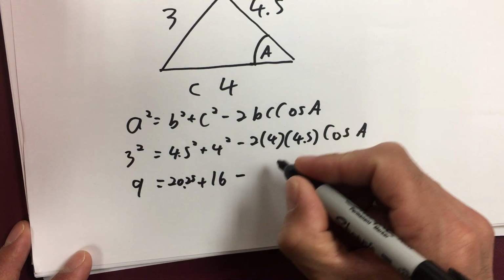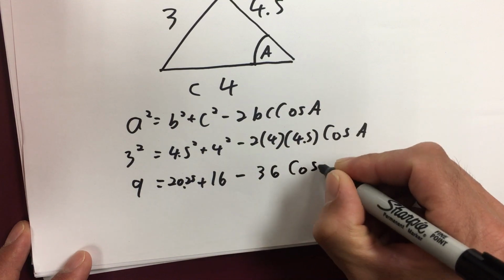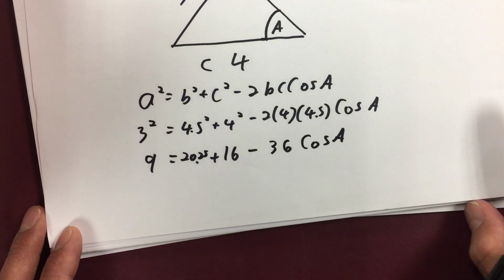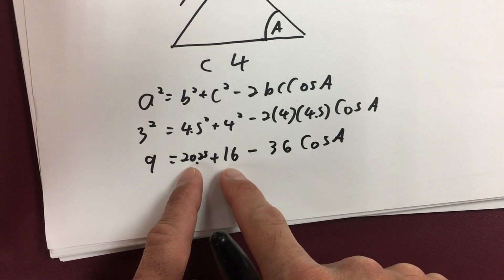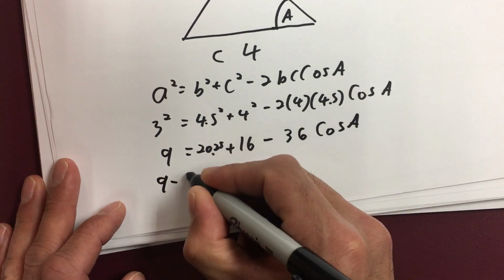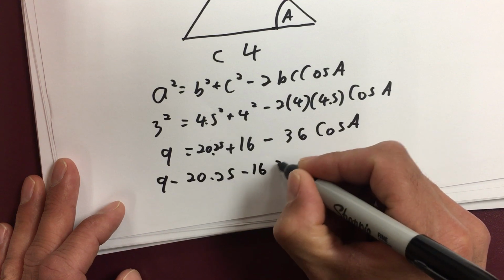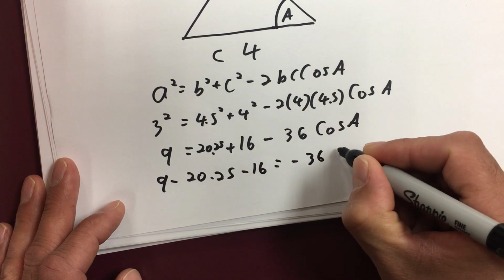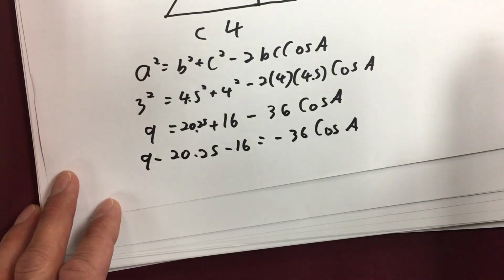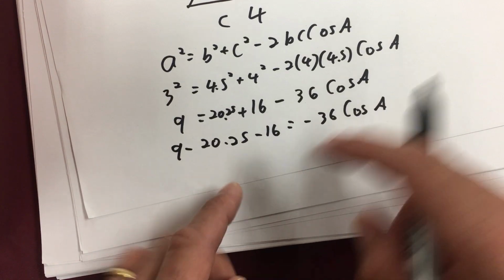Two times 4.5 times 4 is 36. Now I've got to rearrange things. I'm going to subtract these first, and then I'm going to divide. As you can quickly see, everything's turning negative, but don't worry, the negatives are going to cancel each other out and you'll end up with a positive number.